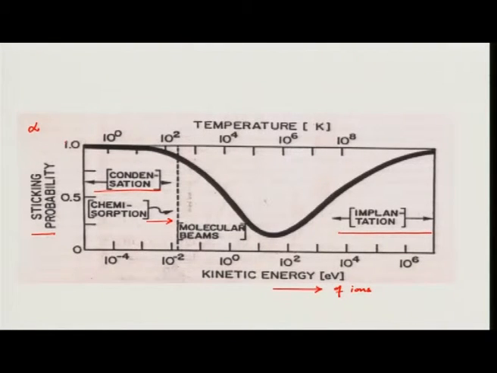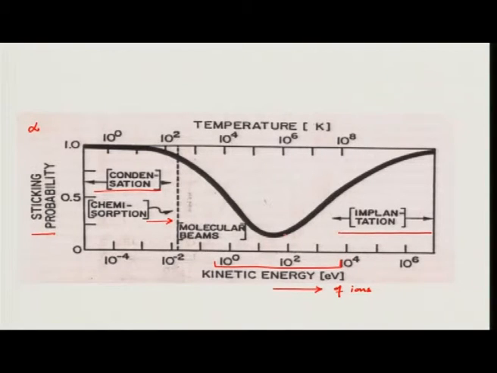What we are interested in is the energy range where the sticking probability is low, which means that these ions recoil from the surface. In the process of recoil, through momentum transfer, they transfer their energy to the atoms of the target, and when they do that, atoms on the target surface will come out with certain kinetic energy, and we can use these for thin film deposition.